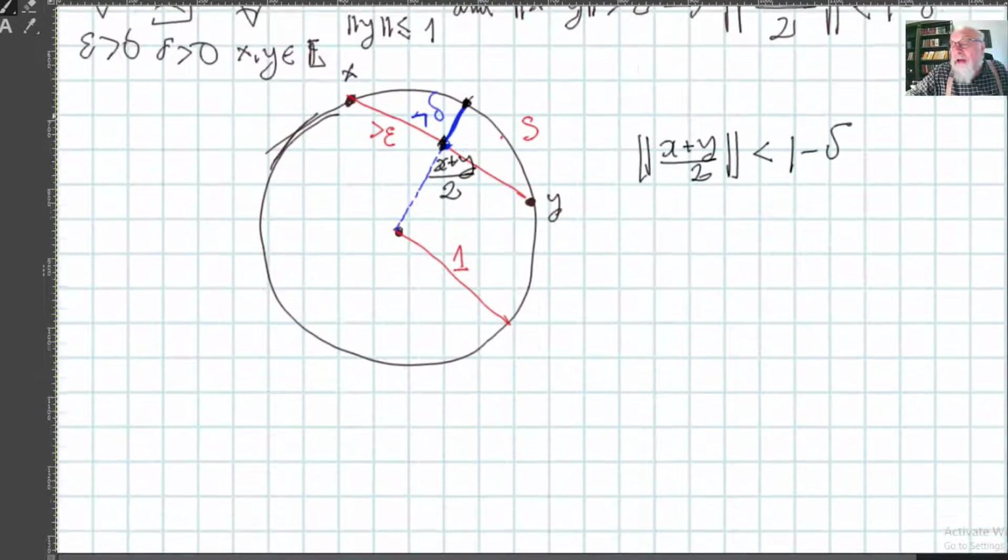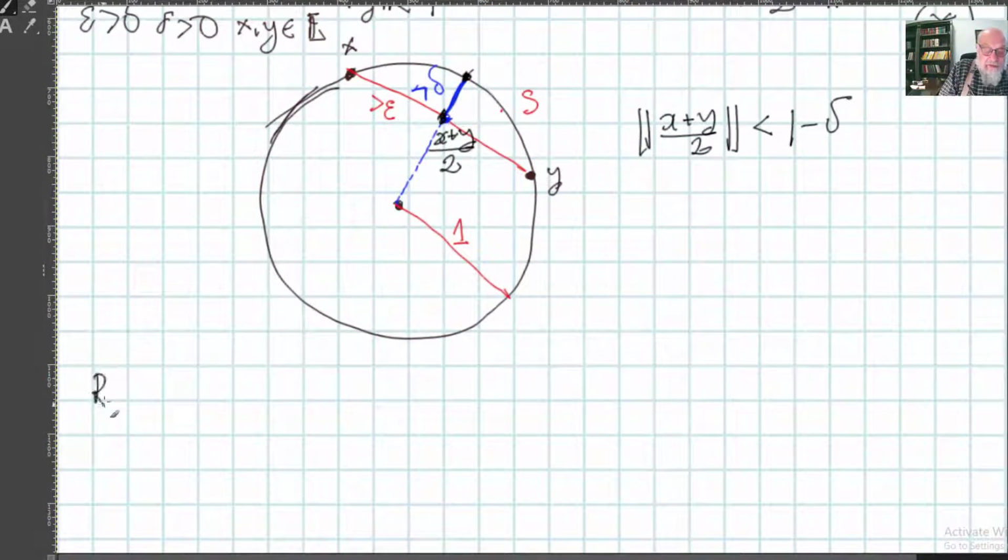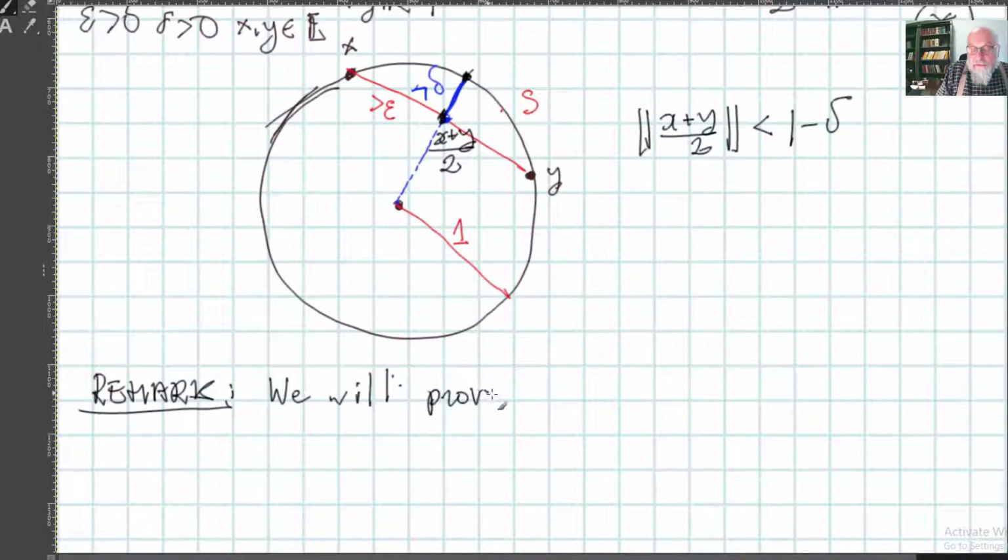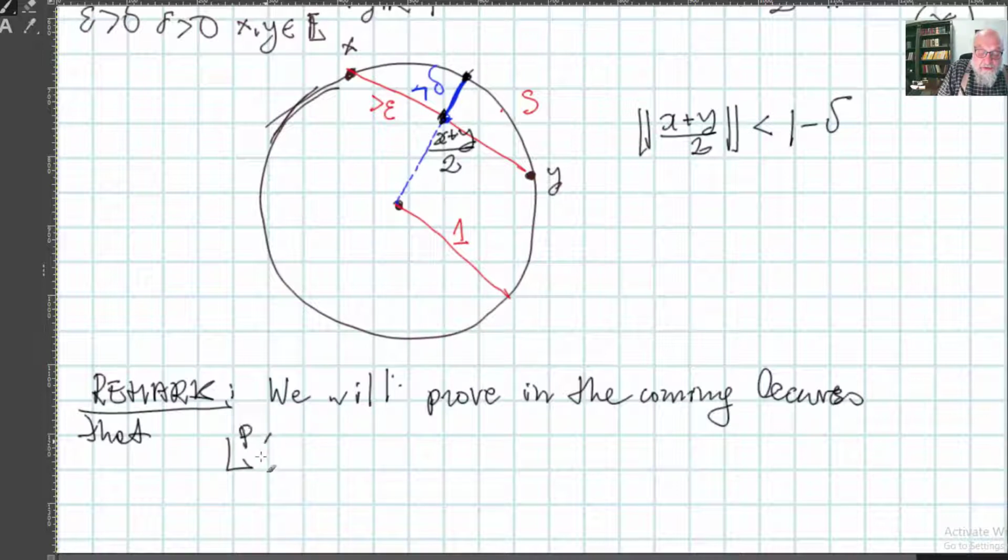Basically we will see more examples later when we start talking about the LP spaces. Let me make a remark. We will prove in the coming lectures that the spaces LP, on any measure space, with p between 1 and infinity, are uniformly convex.